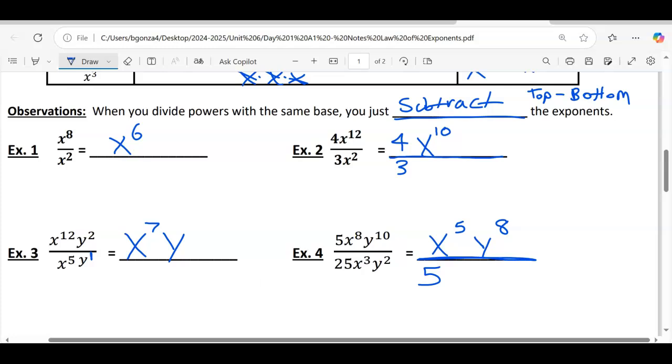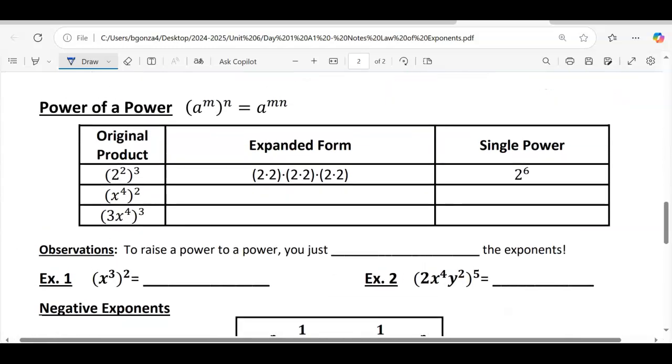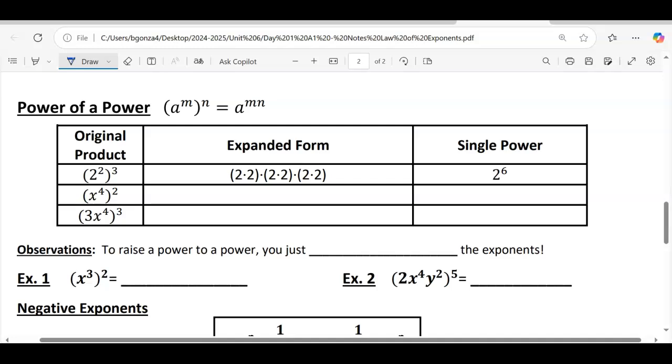Does everyone have these examples? Okay, on the back. This is different. Everyone make a big deal about this. Go ahead and write 1 base at the top. 1 base.